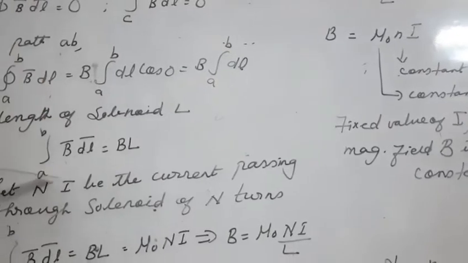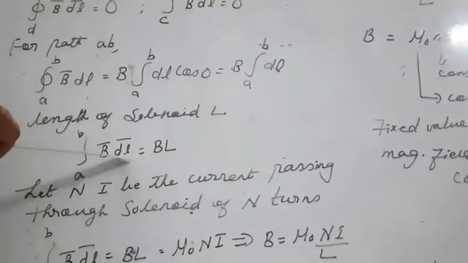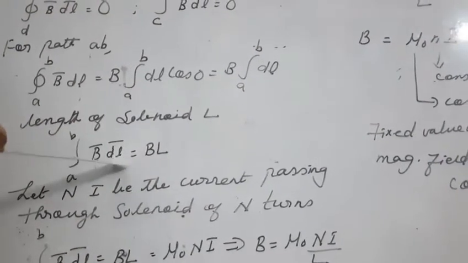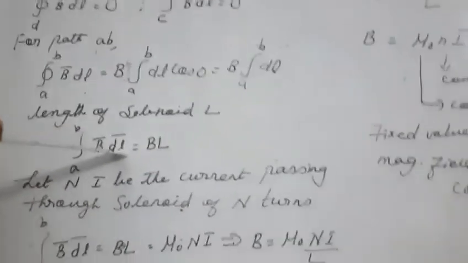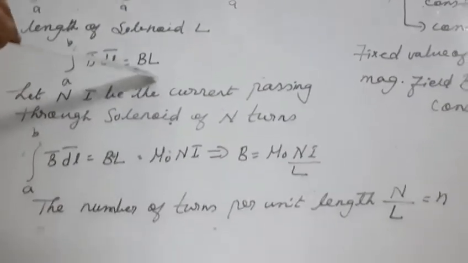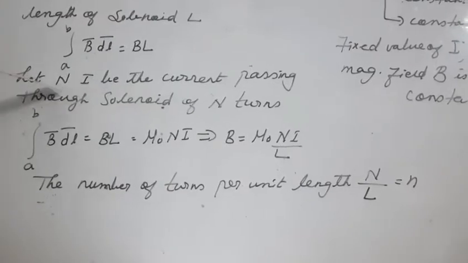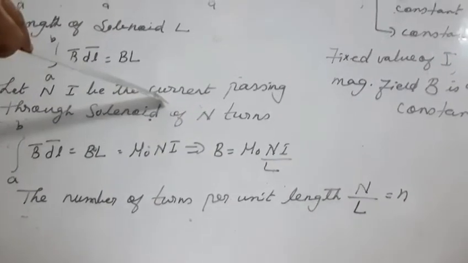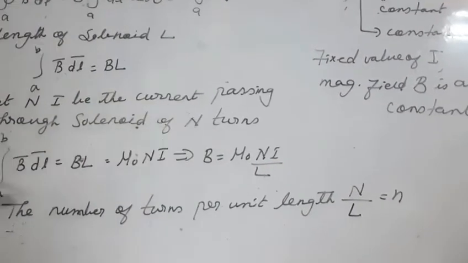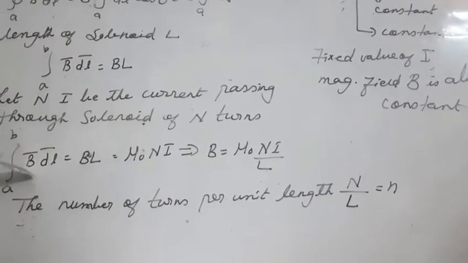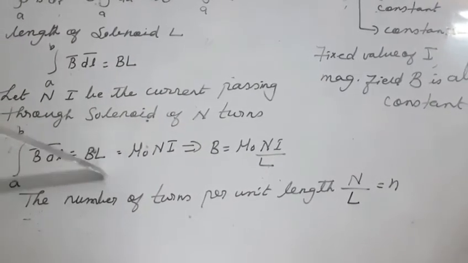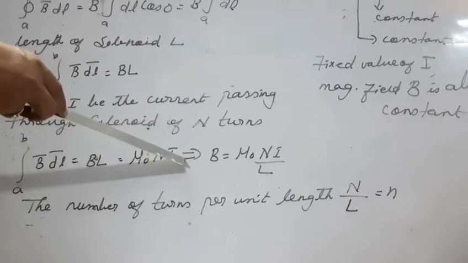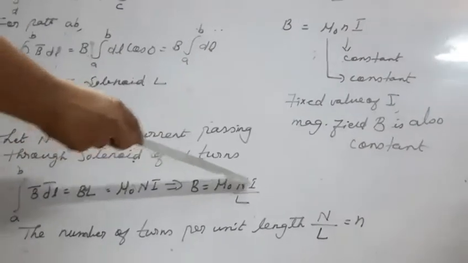Since the solenoid length is L, the integral of B·dl over AB equals BL. Here n is the number of turns and I is the current passing through the solenoid. Therefore, BL equals mu naught N I, which gives B equals mu naught N I by L.